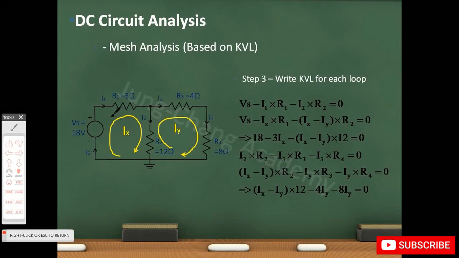In this case, I1 is just equal to Ix. As for I2, because Ix is going downward and Iy is going upward, I2 is here in the middle. So we know that I2 equals Ix minus Iy. So the equations now become like this.